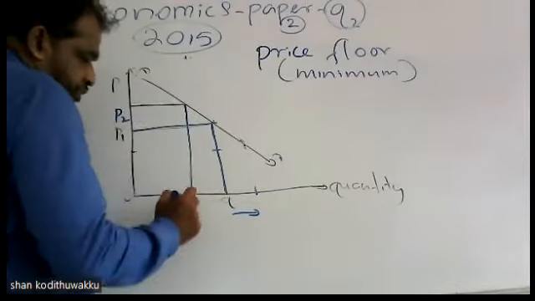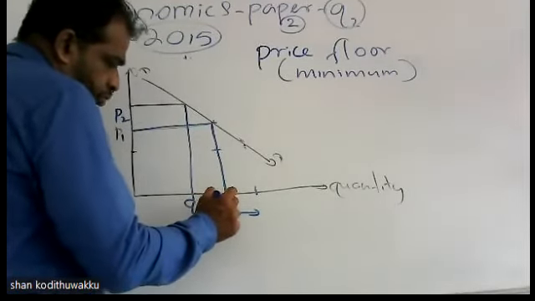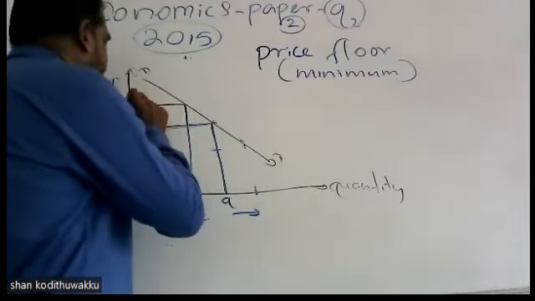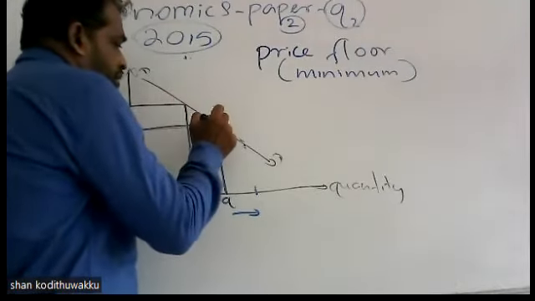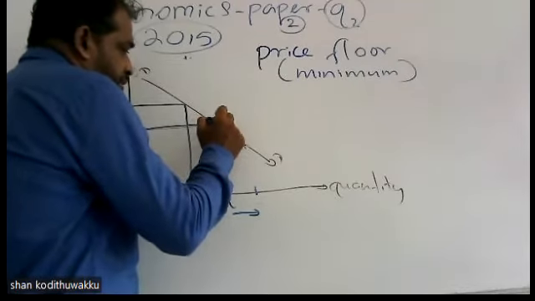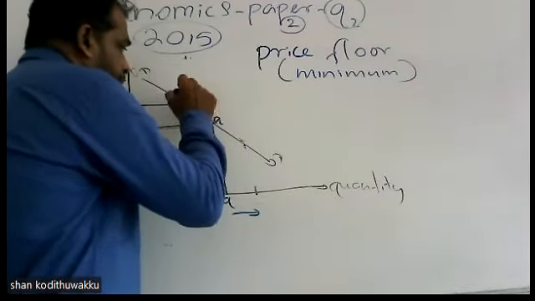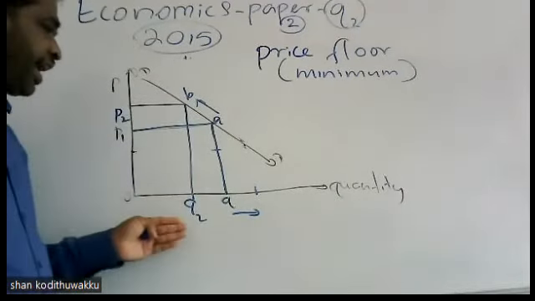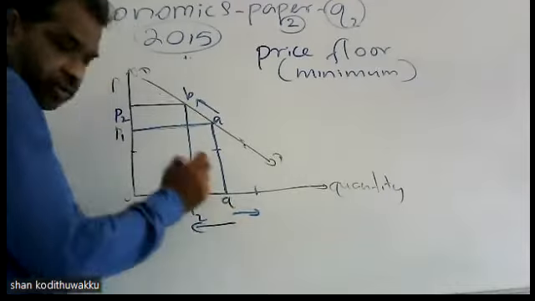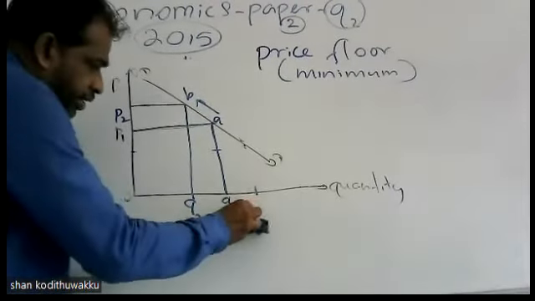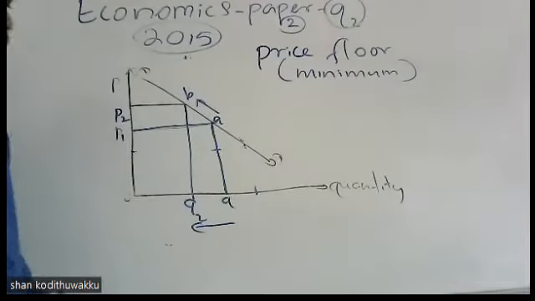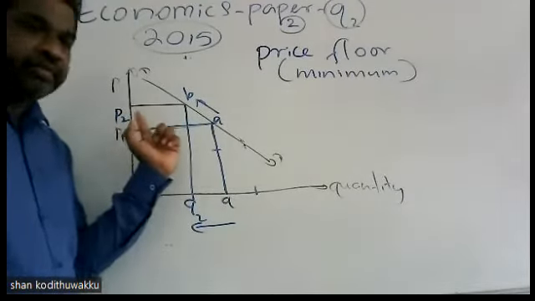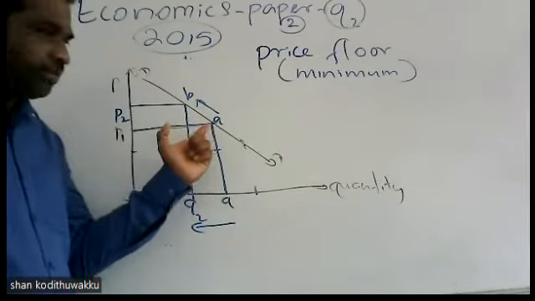The P2 is Q2. This is the price, the market equivalent price, QAB, then like this. Because of price floor or minimum price, there will be a decrease in quantity demand, because people cannot buy as expected because prices are higher than the market price.